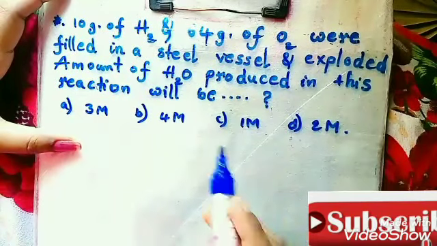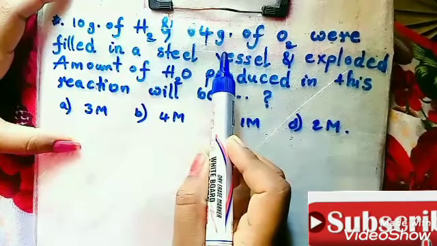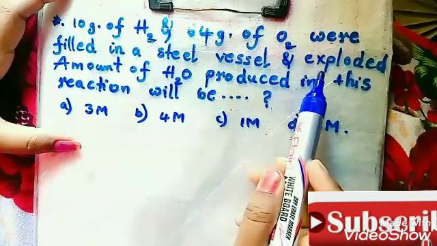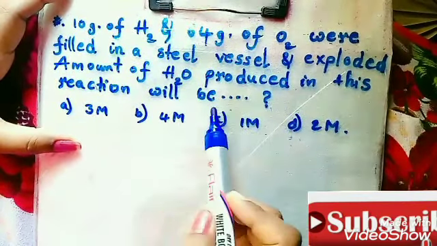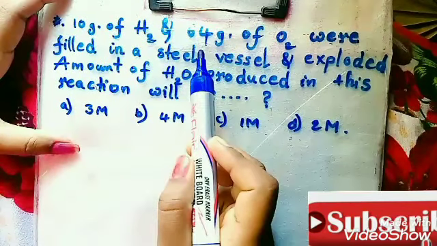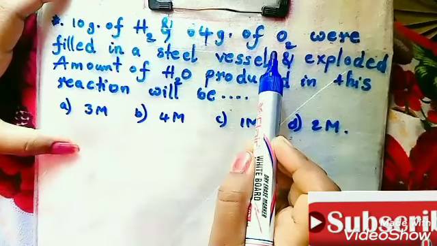See students, the question says: 10 grams of hydrogen and 64 grams of oxygen were filled in a steel vessel and exploded. The amount of water produced in this reaction will be? The quantities given are 10 grams of hydrogen and 64 grams of oxygen.